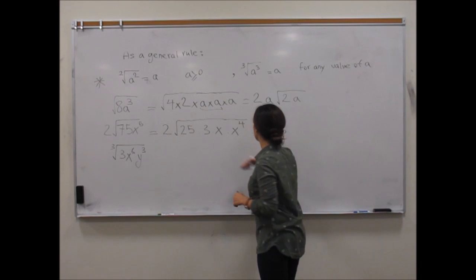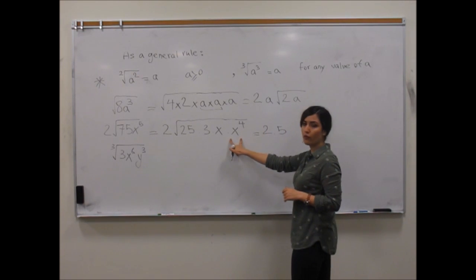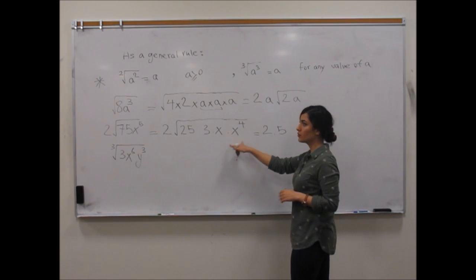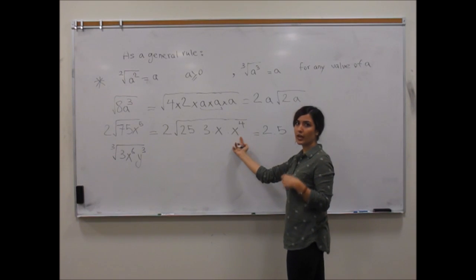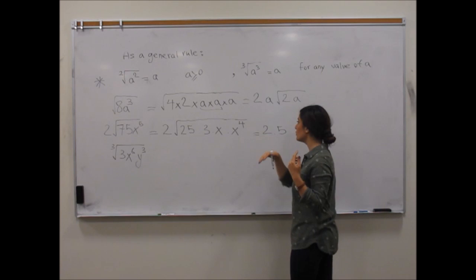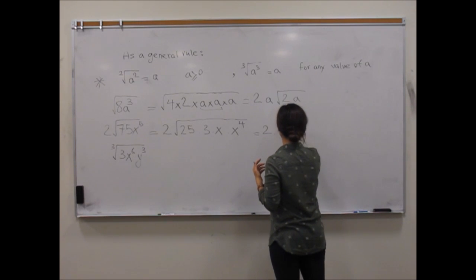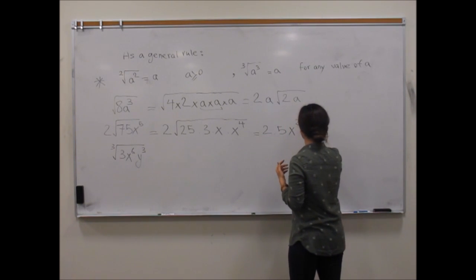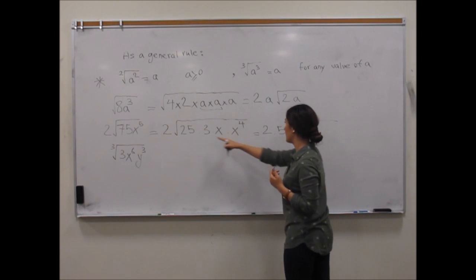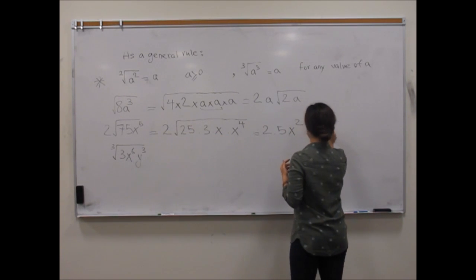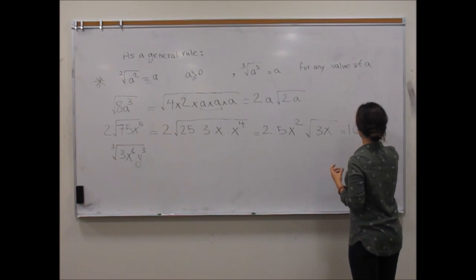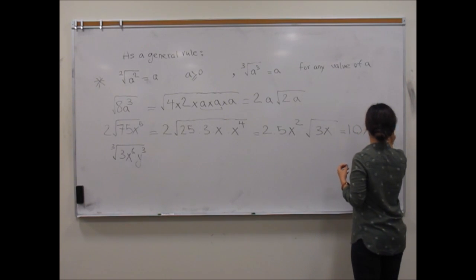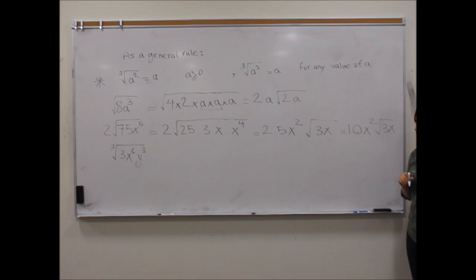And then for x to the 4th, for every two x's, 1 pops out of the radical. So in x to the 4th, I have 4 x's, so 2 x's pop out of the radical, and that will be x squared. And then in the radical, I have 3 times x. And then 2 times 5 is just 10. So 10x squared rad 3x.